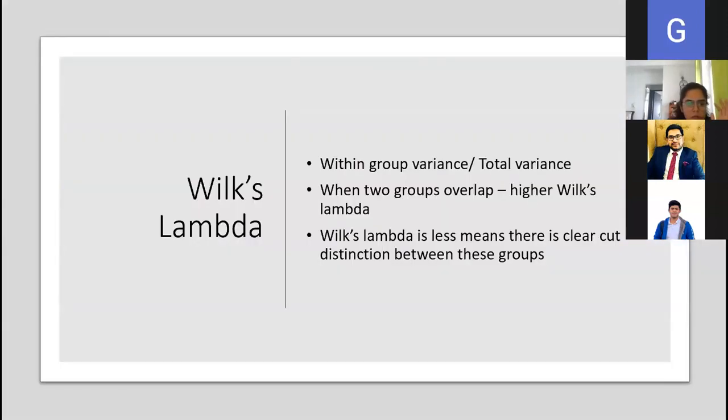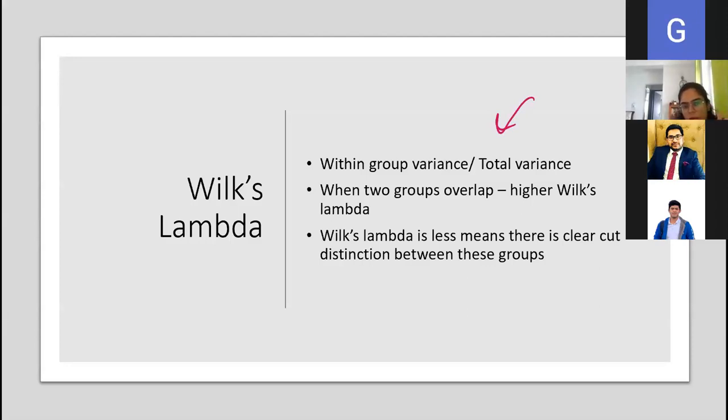Just before we start Ellen Jean's case, there's one very important parameter, that is Wilks lambda. It calculates within group variance and total variance. If this value is higher, what does that mean?